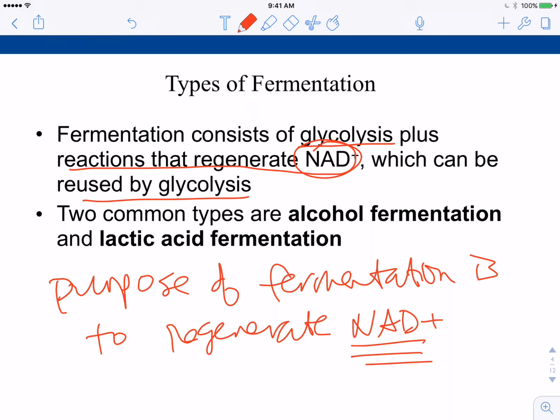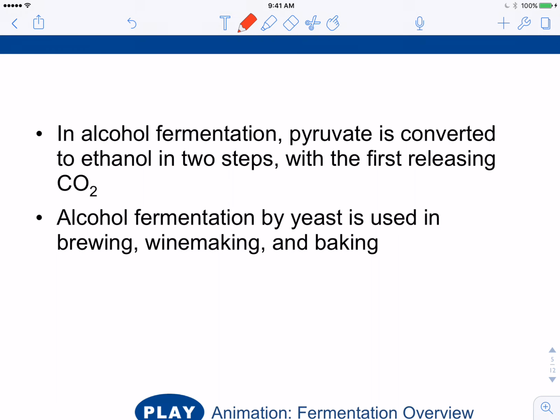NAD+. Okay. So there are two types of fermentation, one alcohol fermentation and two lactic acid fermentation. So first we're going to go through alcohol fermentation, and this happens in yeast or other types of organisms, but not animals.